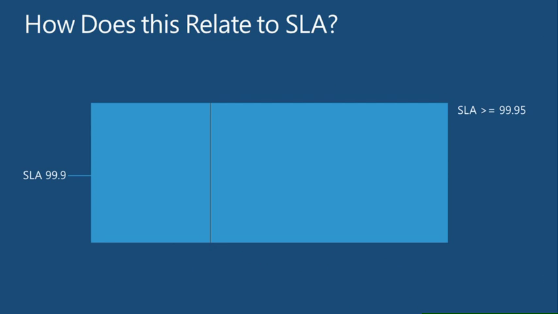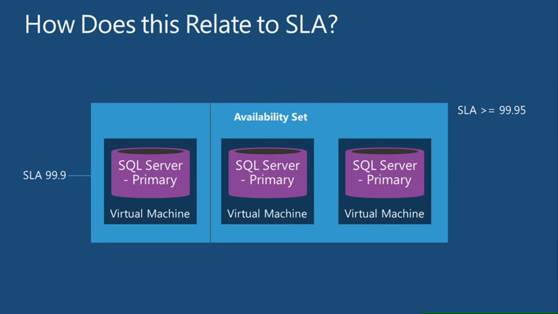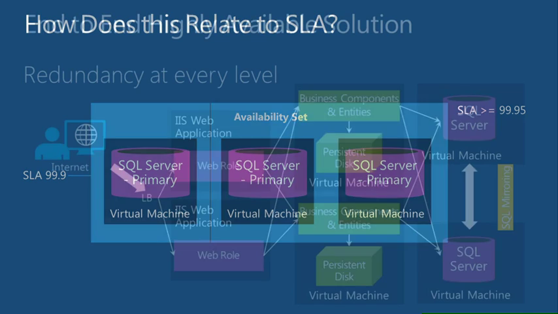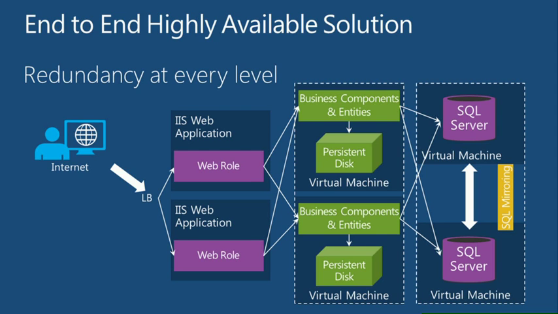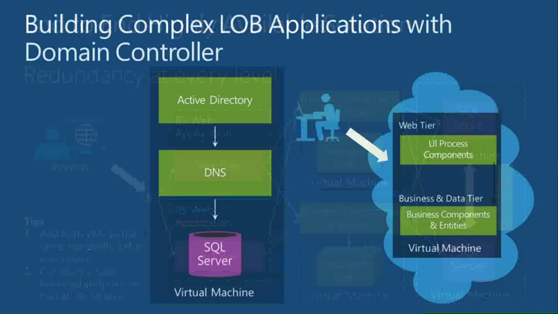This illustrates that if you have a single SQL server, it's 99.9, and if you have SQL replication and mirroring between 2 VMs, you will gain 99.95, and they need to be backed by the availability set concept. This is a pattern to illustrate how to build highly available systems and build redundancy at every level in your application stack. This is a front-end middle tier. As you notice here, you have multiple virtual machines doing a similar task at every level, offering you the highest availability.